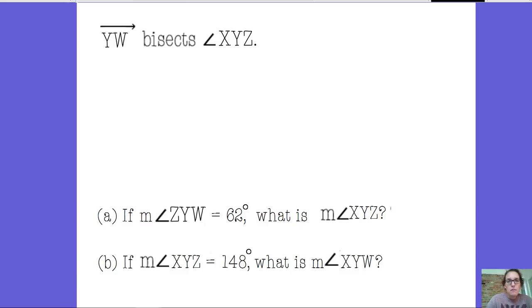Ray YW bisects angle XYZ. First we need to draw the angle. Notice that Y is our middle letter. When we draw angle XYZ, Y is the vertex because it's the middle letter of the angle. So XYZ.